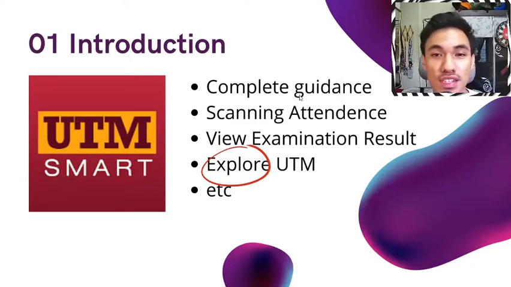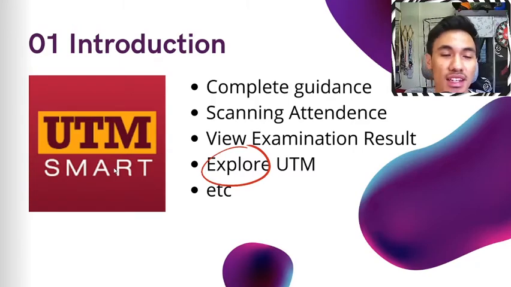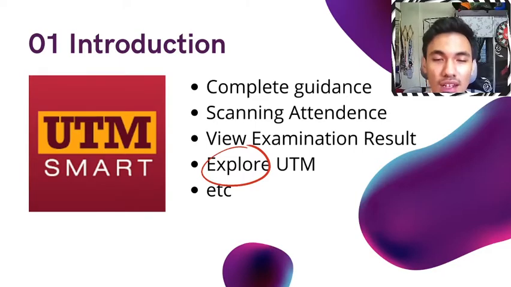Firstly is a complete guidance for a freshie. This is really important for a freshie, a new student who wants to enter UTM, where a student could download UTM Smart and follow all the guidance provided inside it. UTM Smart also has an exploring function, which shows the locations around the campus.